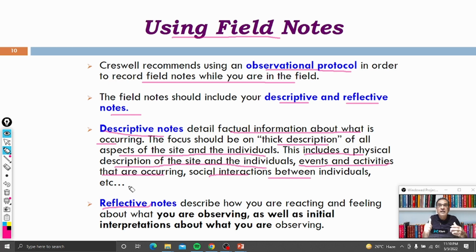Let's say as an ethnographer, you enter a classroom. The classroom is your site and the students are the individuals.